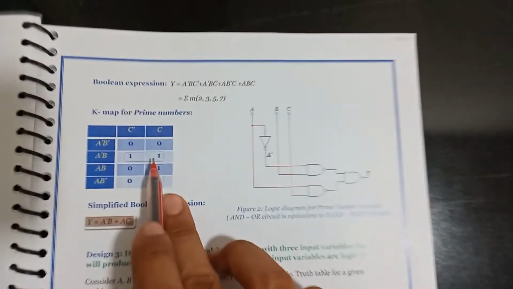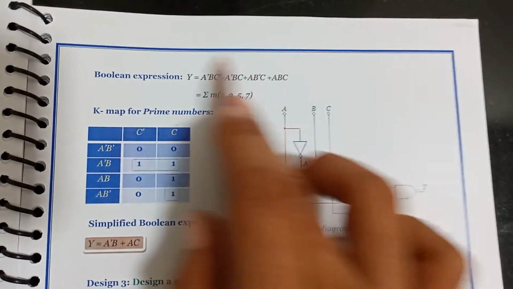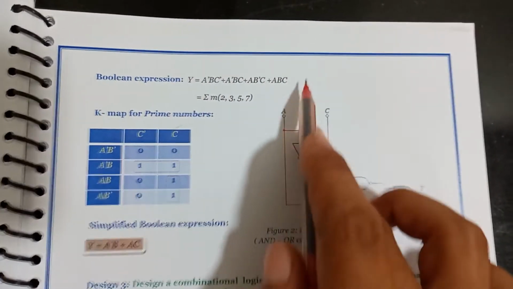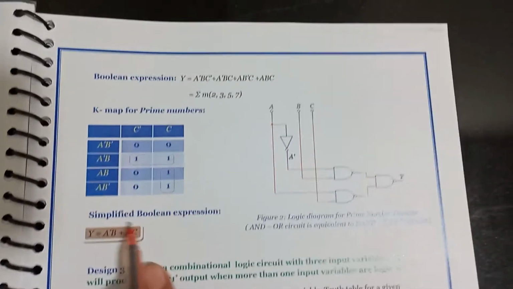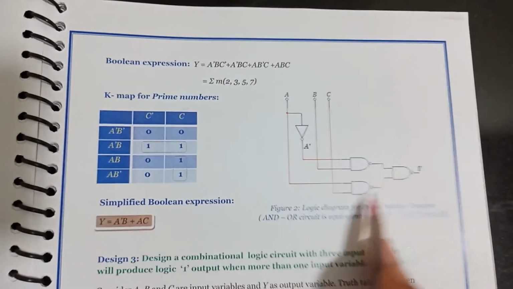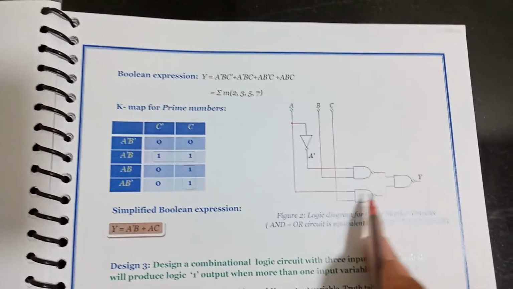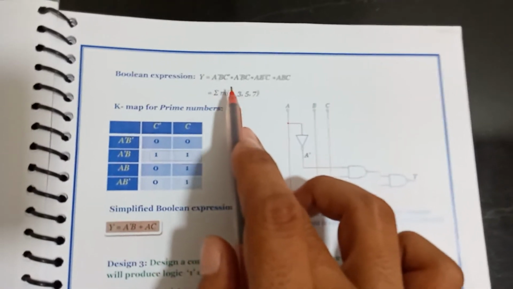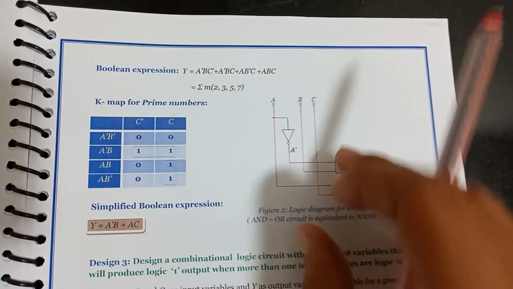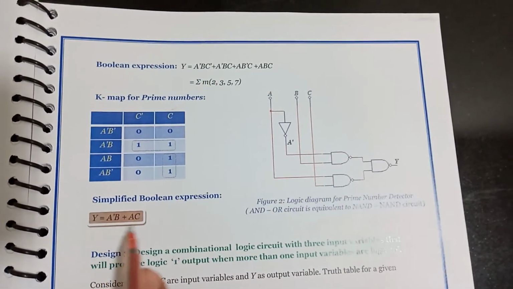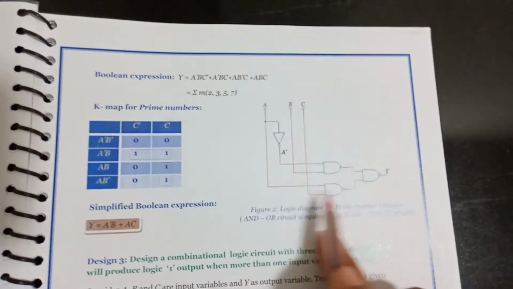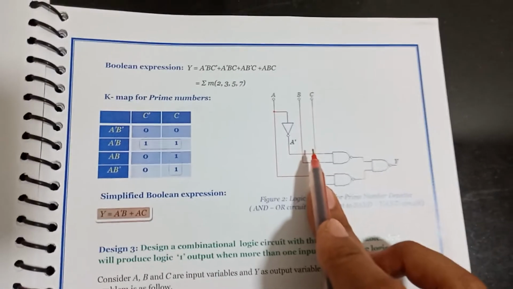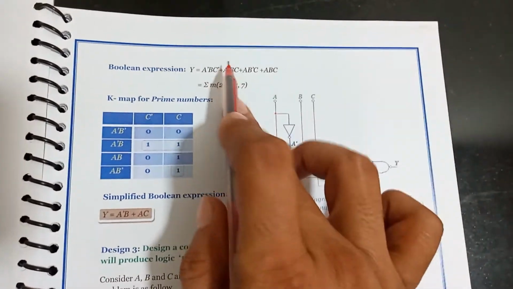So you can see how effective the Karnaugh map is. A large equation can be reduced to a smaller one, and it directly affects the complexity of the circuit. If you use the original equation, you will have a bigger circuit, but with this equation you will have just a small circuit which works the same as the complicated one.